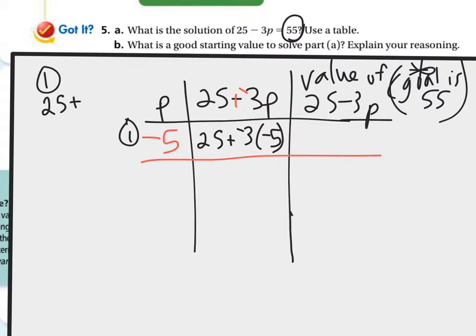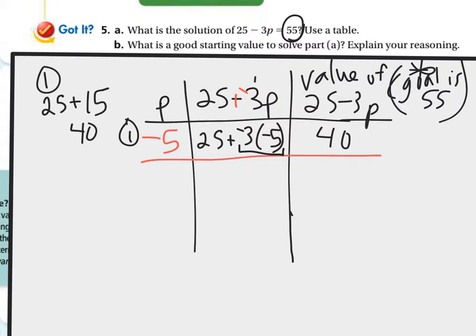So if you do this, we're going to do the multiplication before we do the addition. So -3 times -5. That would be a positive 15. And then if we add these together, 25 plus 15 is 40. Now remember, our goal was 55.